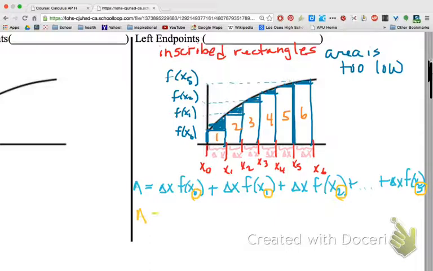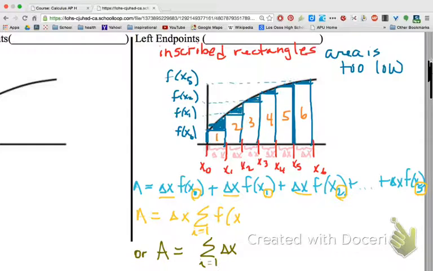So I'm summing up, and remember, since they all have this delta x, I could just put that out in front. Again, I can put it in front or put it afterwards. It doesn't matter. As a matter of fact, I'll write it both ways. And then what I notice, I'm going to let it be i again, and I'll start at i equals 1. Is that I'm doing f of, oh, actually, I don't want it to start at 1.